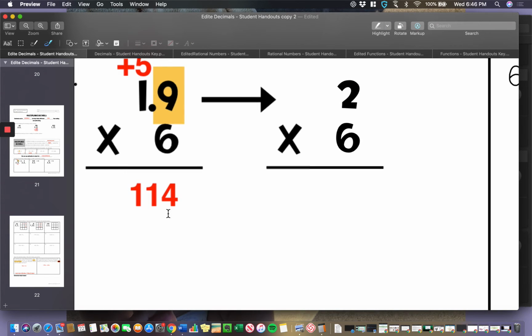So my decimal point will go right there. One decimal place, one decimal.